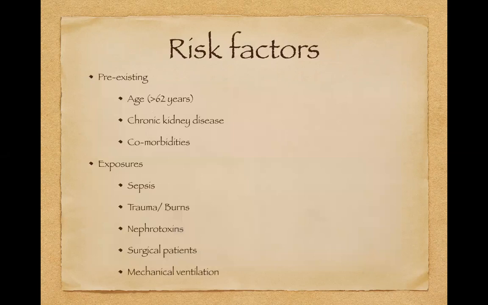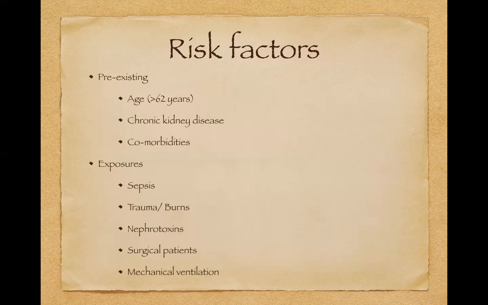So looking at your risk factors for AKI, you can basically categorize them into 2 categories. You get your pre-existing risk factors, which is typically your age more than 62 years, so your elderly patients, those that already have an underlying chronic kidney disease, and obviously your comorbidities like hypertension, diabetes, and other cardiovascular comorbidities put them at greater risk of developing AKI.